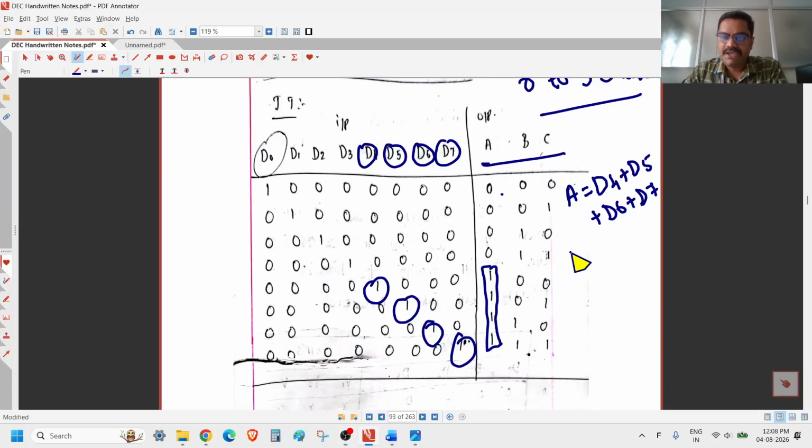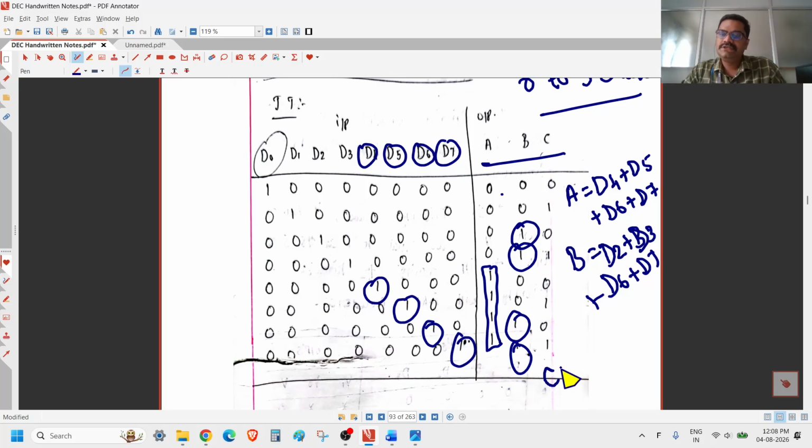Likewise for the b value, again you just note that here one will be there, here one will be there, and here one will be there. For this one, what is responsible? d2 and d3, right? So b is d2 plus d3, plus for these two 1s, what is responsible? d6 plus d7.